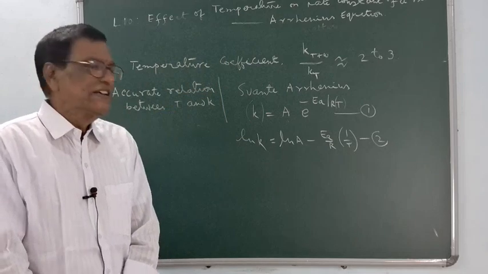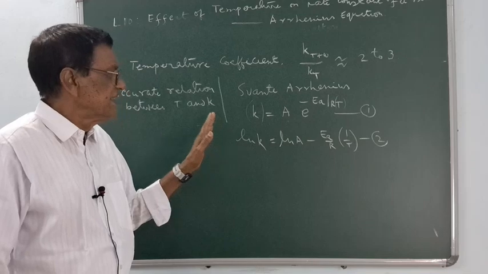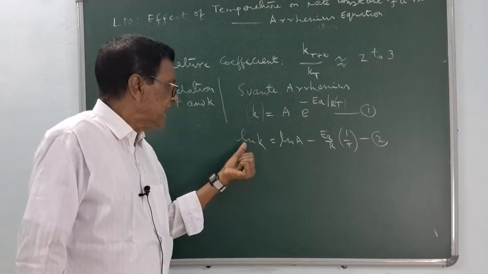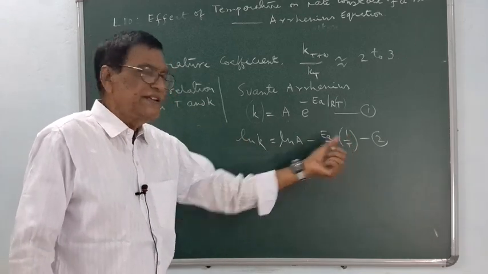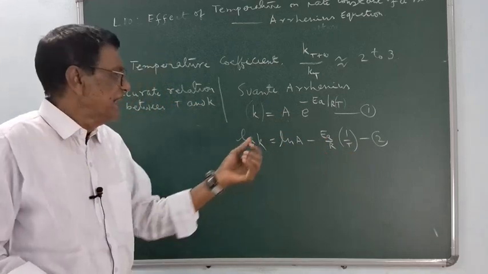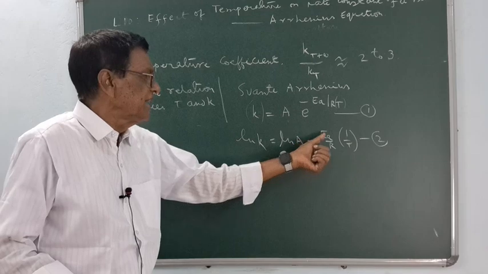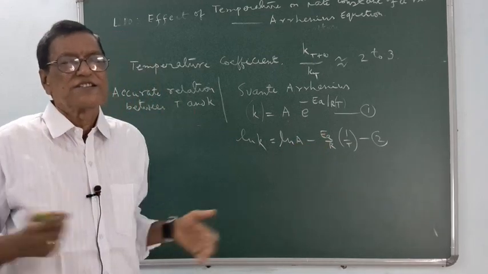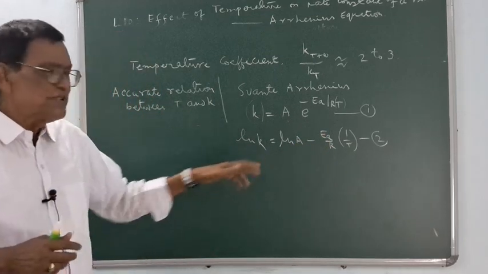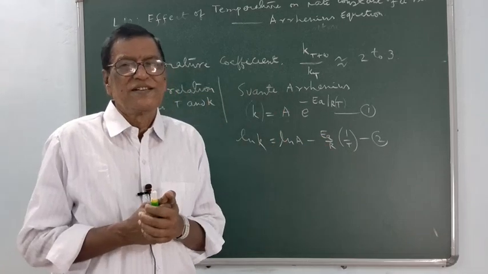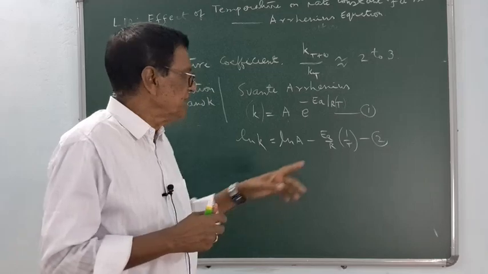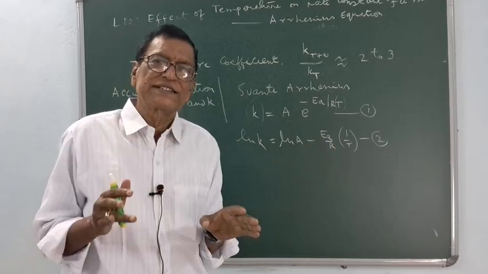So in this case, ln k and 1 by T, these two are the variables, and the rest, ln A, Ea, R, are constants. This equation is widely used to determine the activation energy of a reaction.